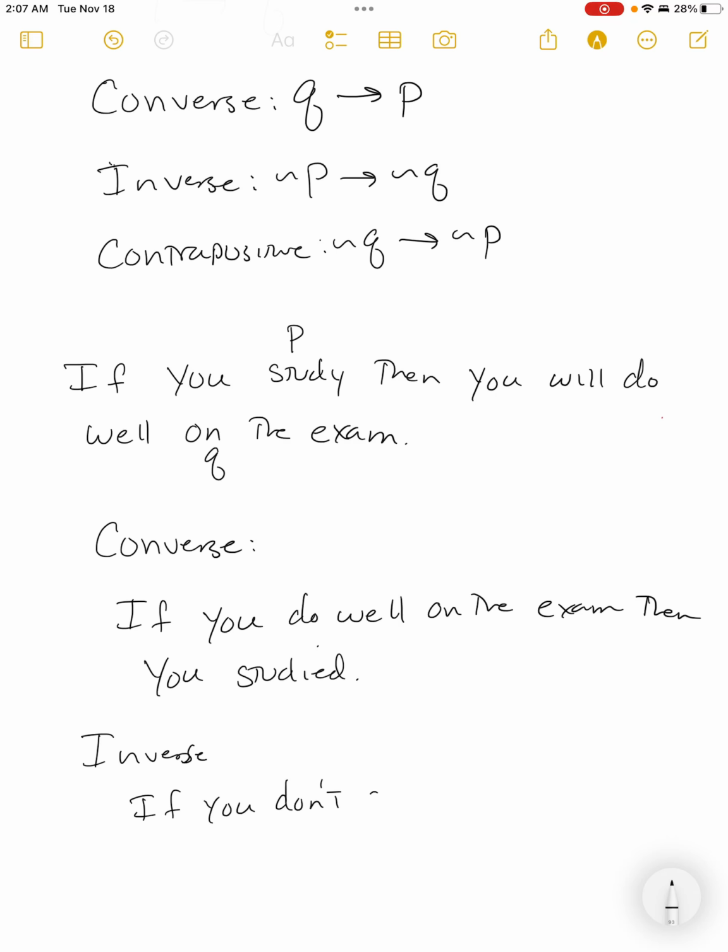If we do the inverse, it says, if you don't study, right? It's the negation of P. So if you don't study, then you won't do well on the exam.